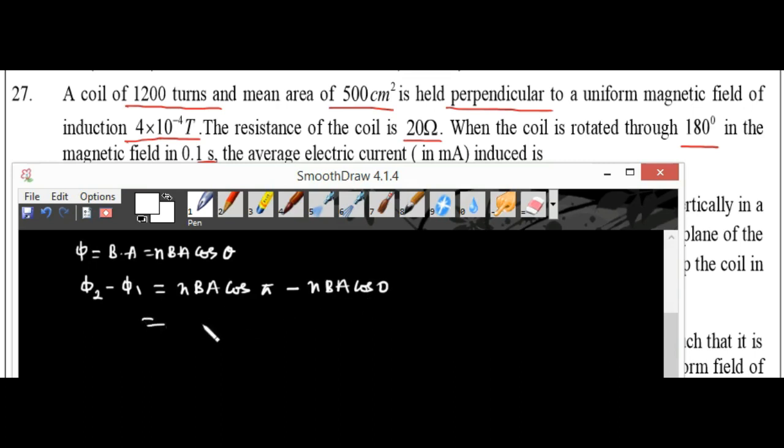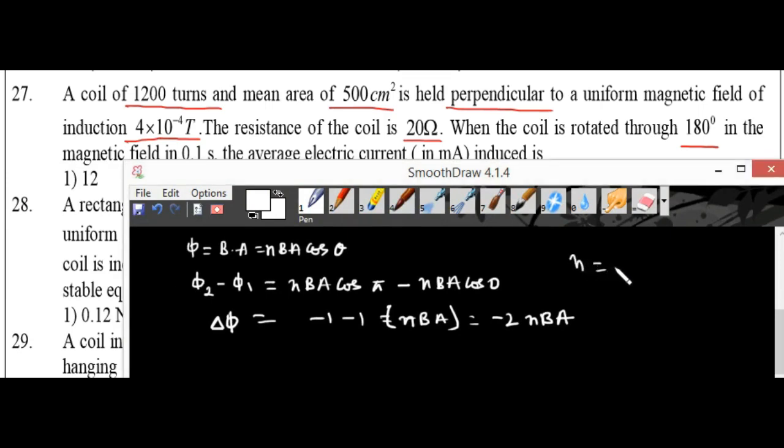That is equal to, cos pi is minus 1, minus 1, that is equal to minus 2 NBA. That is the change in the flux.